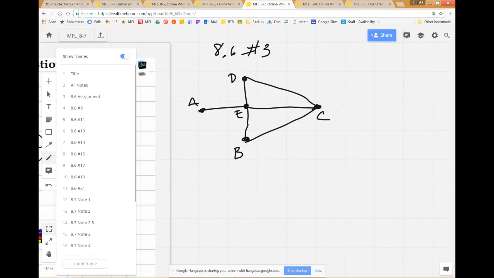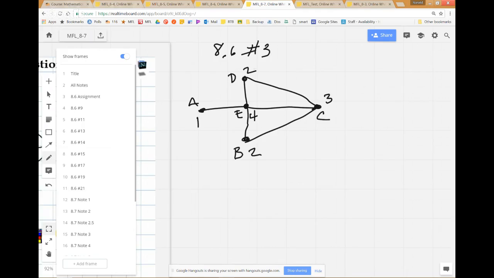Okay, so now you do a count at each vertex. How many line segments come to it? So that one counts 1. B has 2 that come to it. E has 1, 2, 3, 4. C has 3, and D has 2.